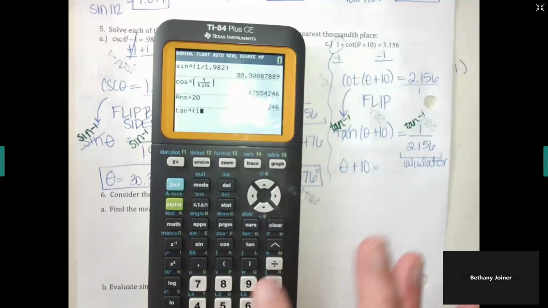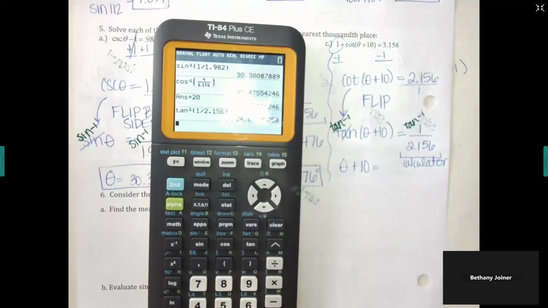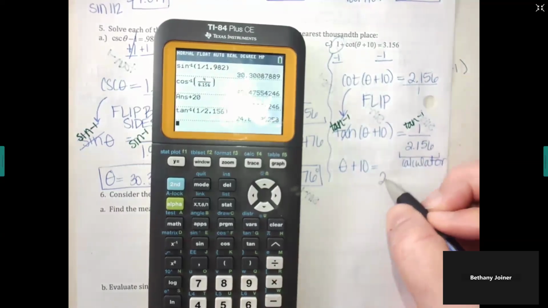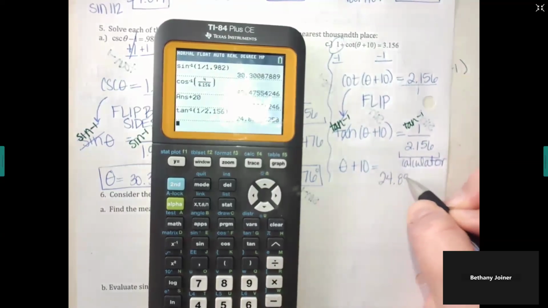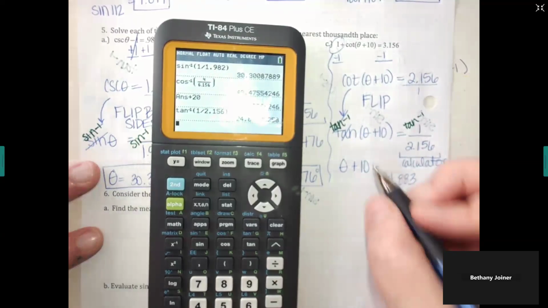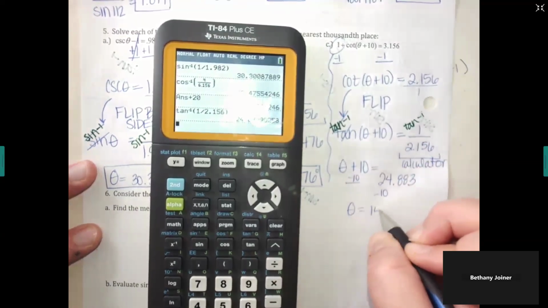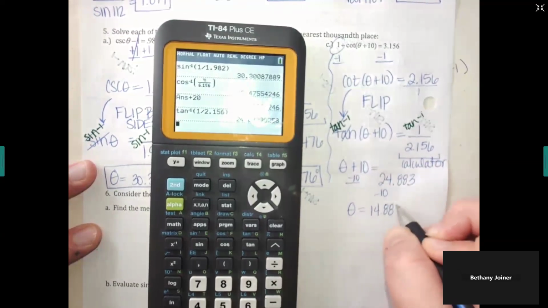Second tan 1 over 2.156. Y'all get 24 degrees? Yes. 24.883. And then to get rid of the plus 10, we'll just minus it across. So 24 take away 10 is going to give us 14.83.